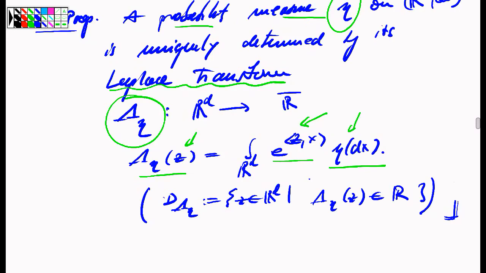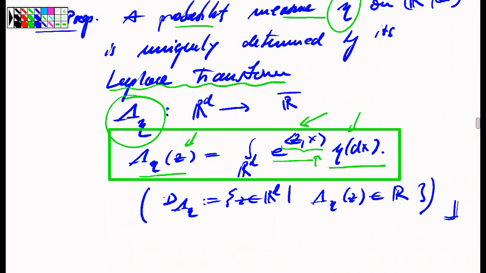And the function which we want to integrate is the exponential of the inner product of the position x with this fixed direction z. So this function does not necessarily need to give finite values all the time. This function is called the Laplace transform.